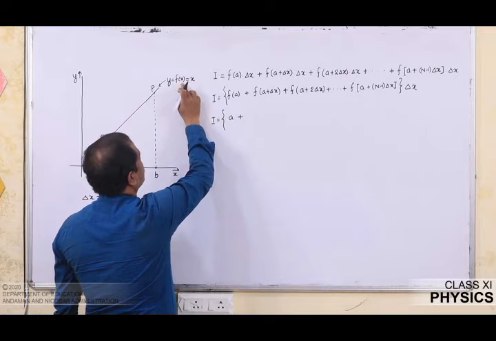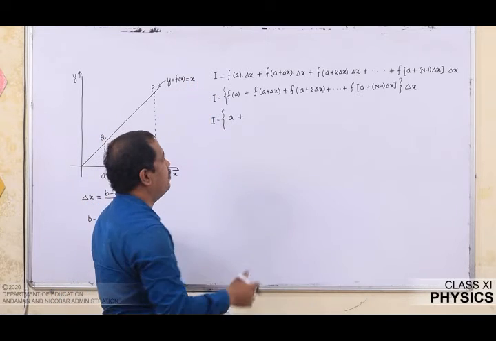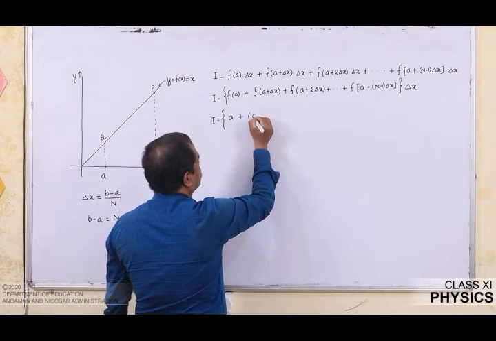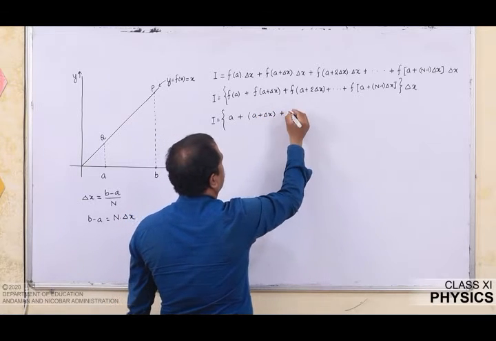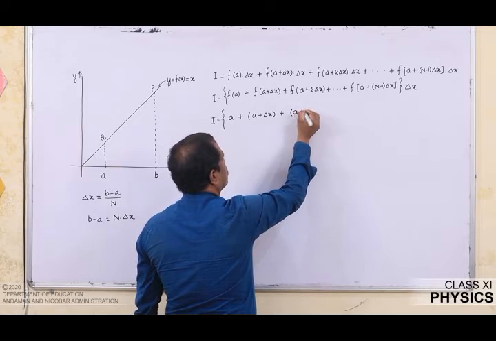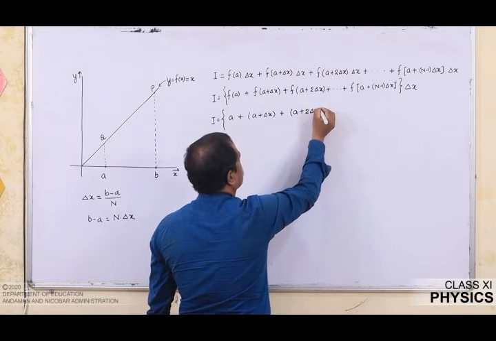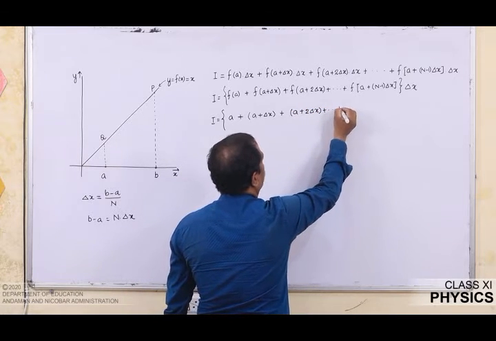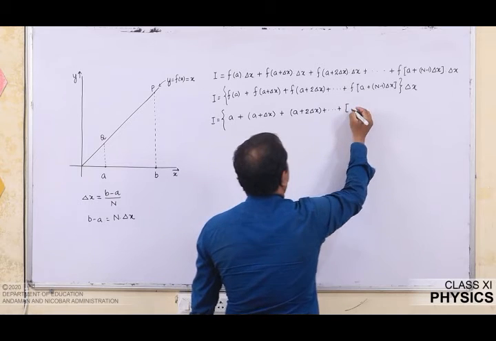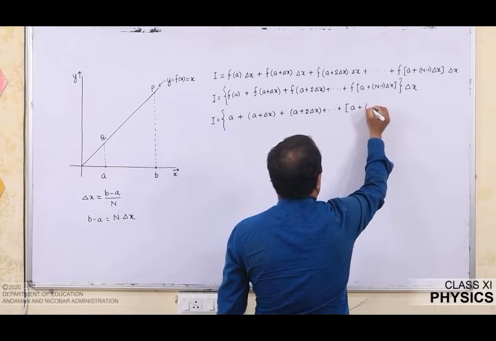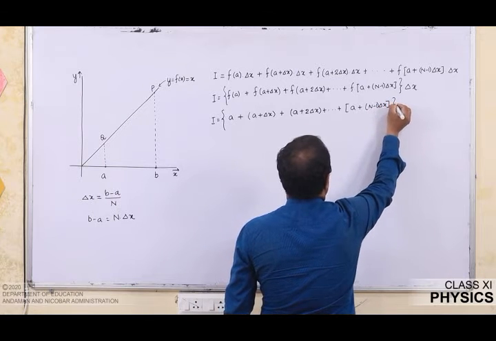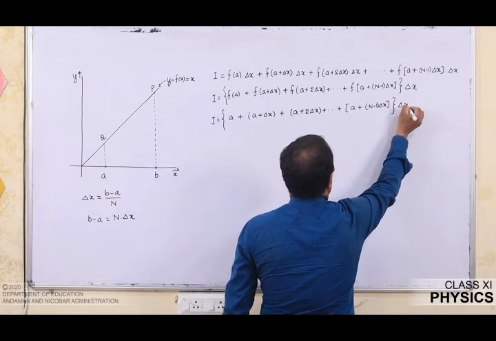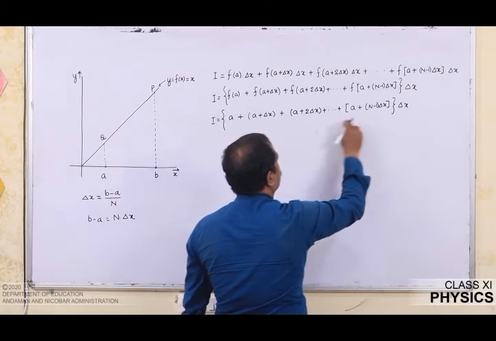So, f of a plus del x is also going to be a plus del x for me. Therefore, this is a plus del x, plus similarly I am going to have a plus 2 times del x plus up to a plus n minus 1 times del x, times del x.